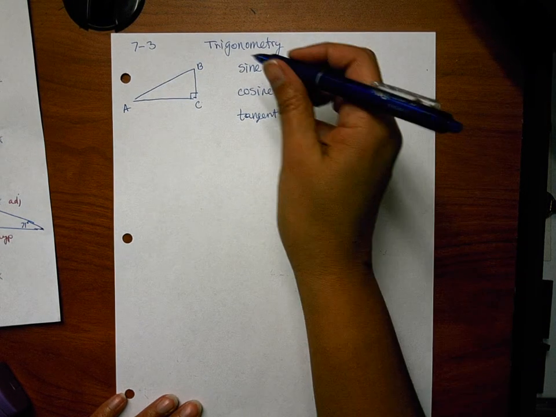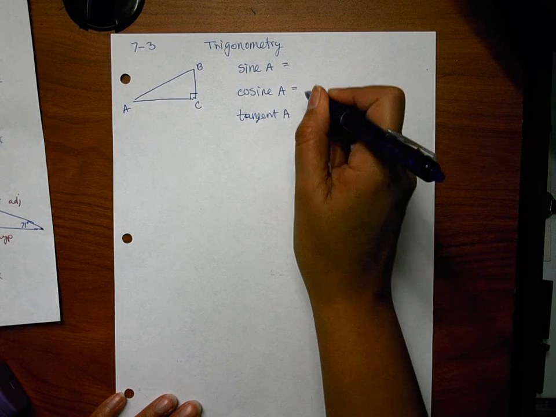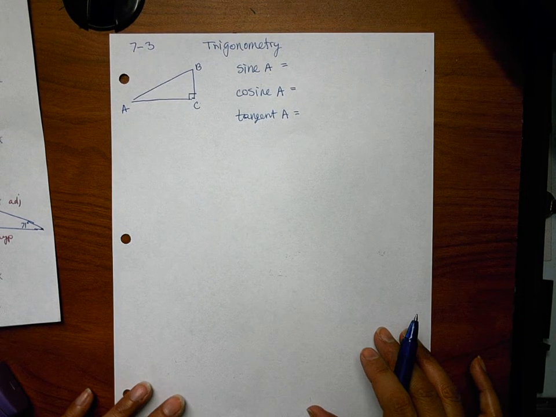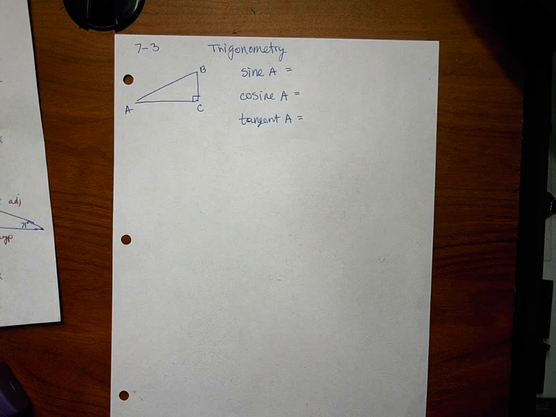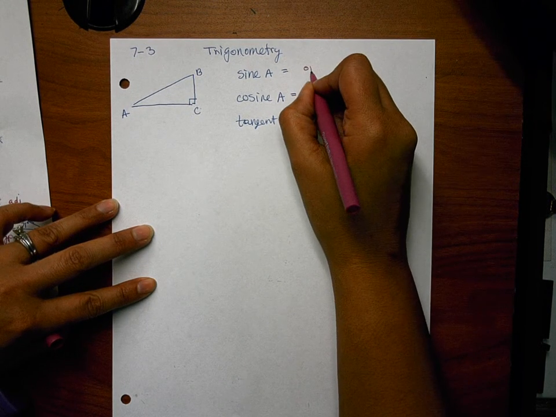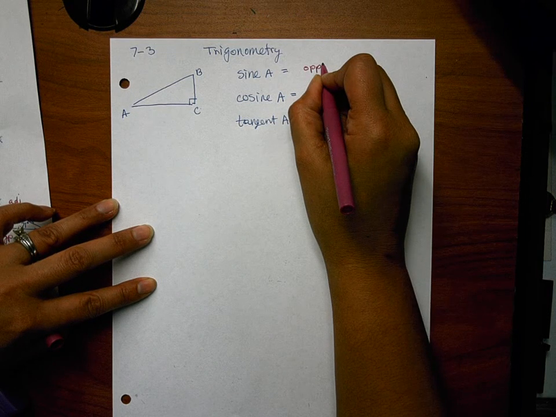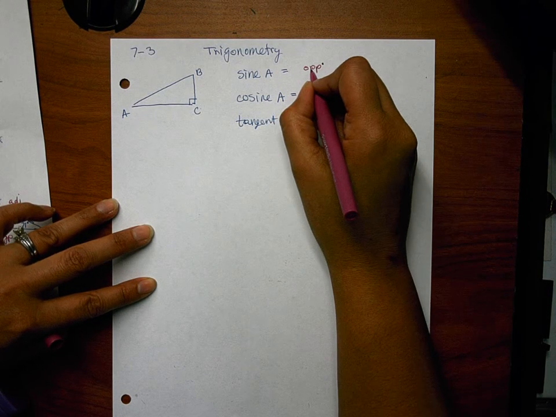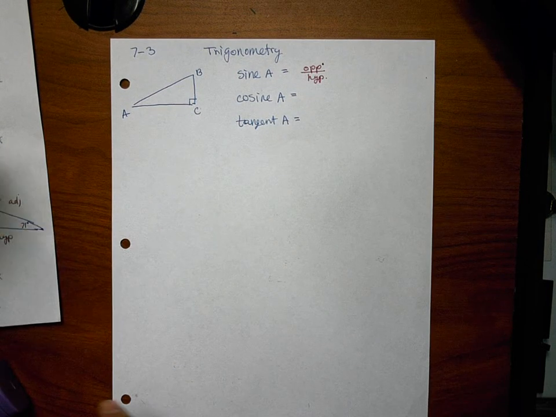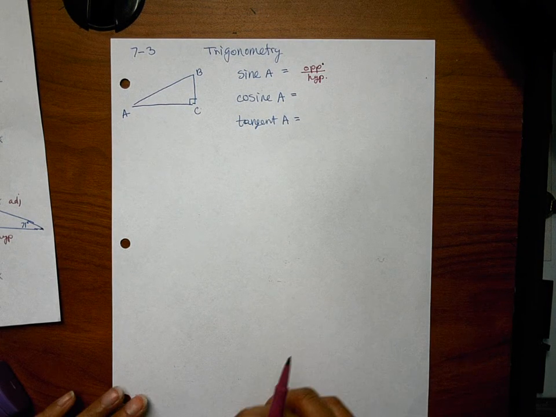Okay, it's not times, it's not sine times A or cosine times A, it's sine of A, sine of an angle. Okay, you will need to know that sine of A is always going to equal opposite over hypotenuse. I'm going to abbreviate and I will write the words out in just a little bit.